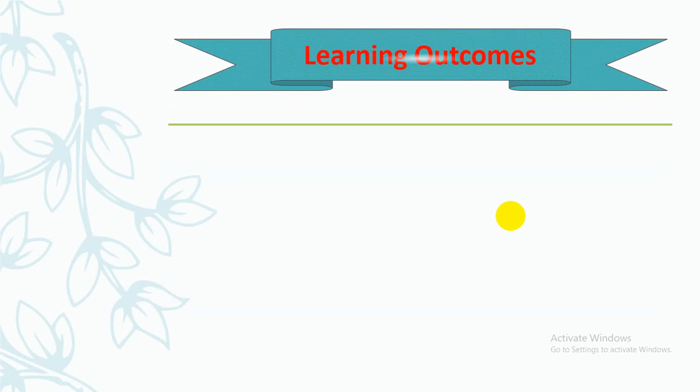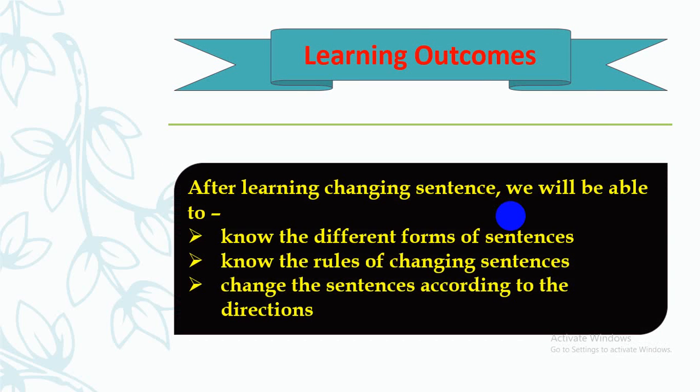So the learning outcomes of changing sentences are, that means after learning changing sentence, you will be able to know the different forms of sentences. You will be able to know the rules of changing sentences. You'll be able to change the sentences according to the directions.